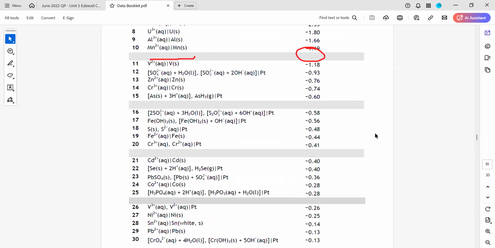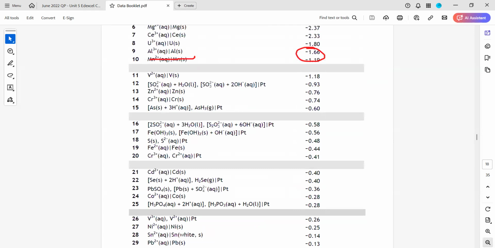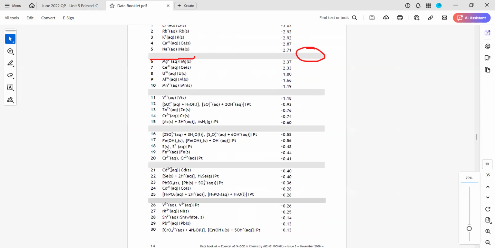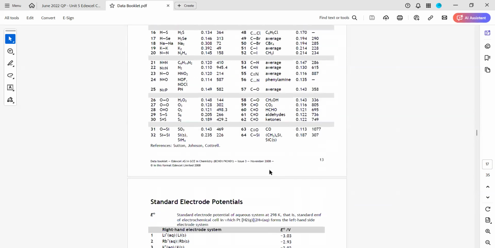I can use this as well, which will be much easier. Thiosulfate in this one. These are the standard electrode potentials.